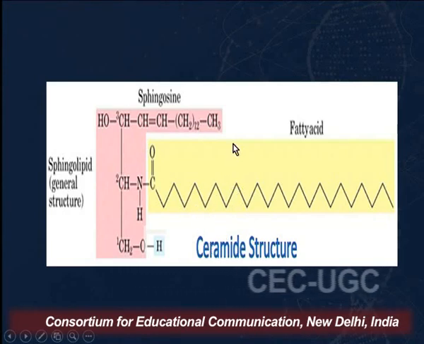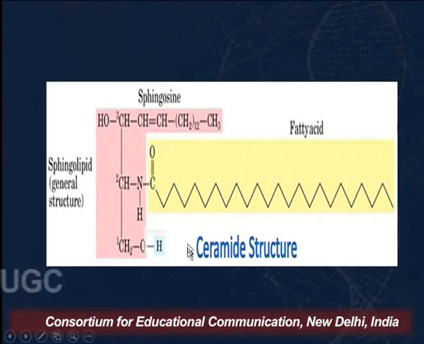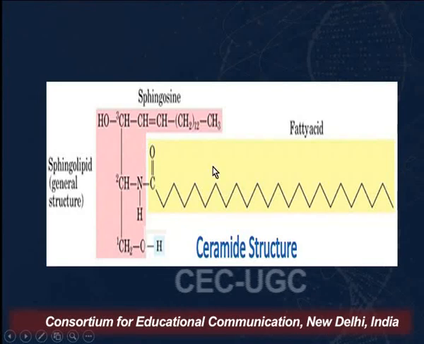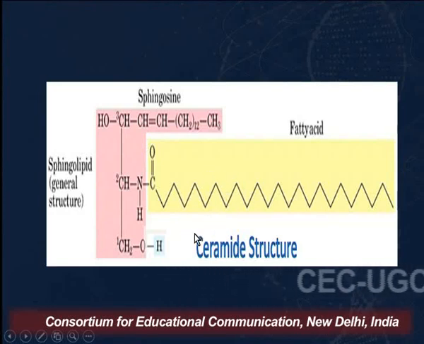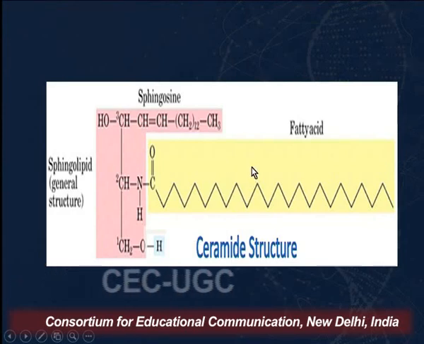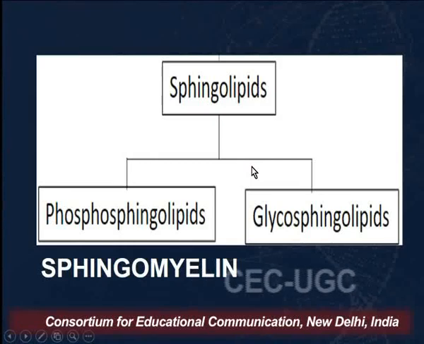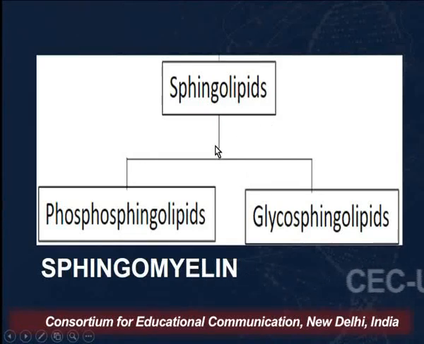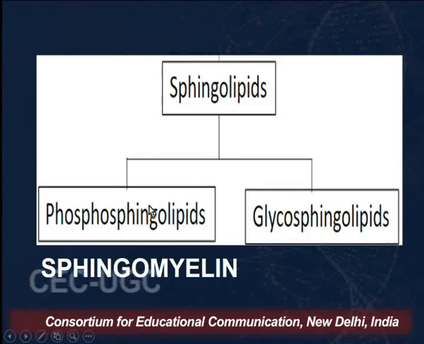And as we've seen in our last lecture, if this H group is a phosphoester group, then that is an example of the simplest phospholipid, that is sphingomyelin.